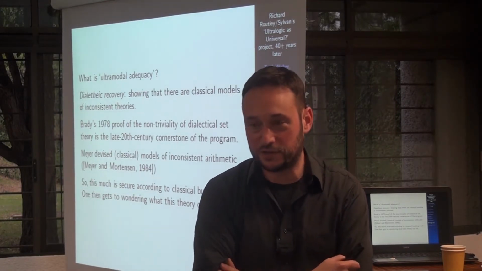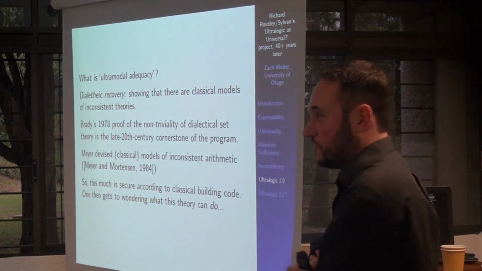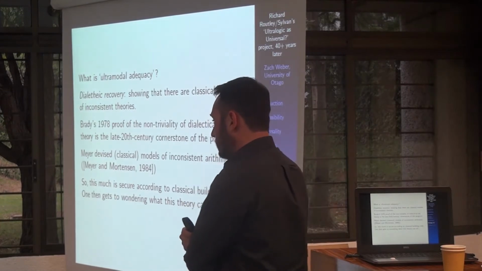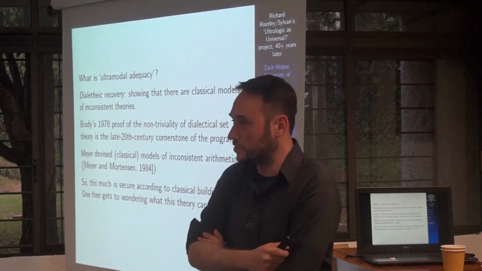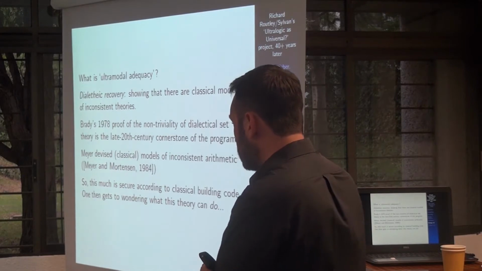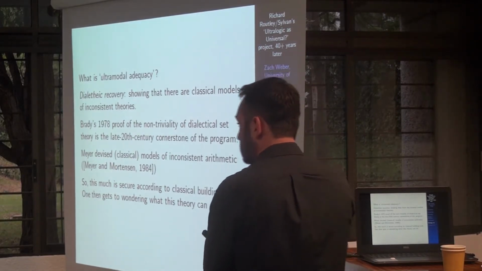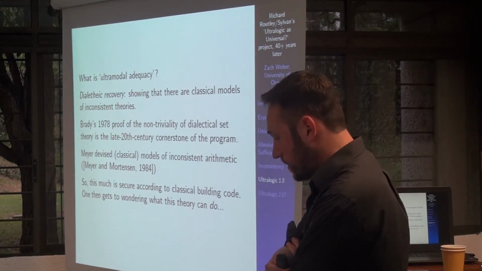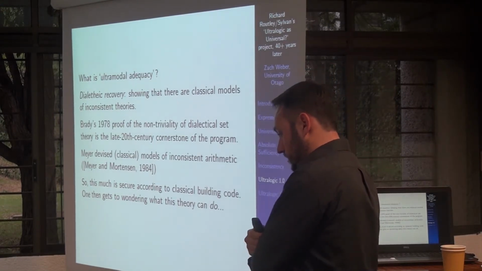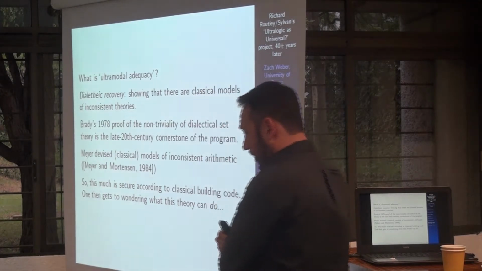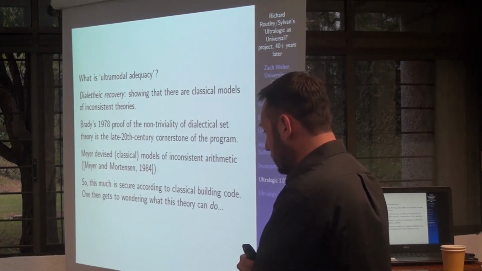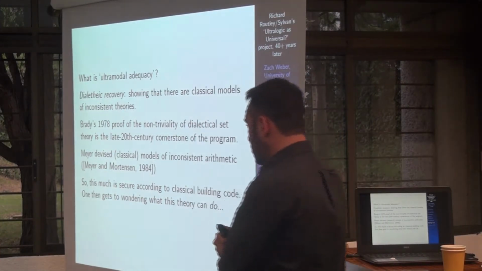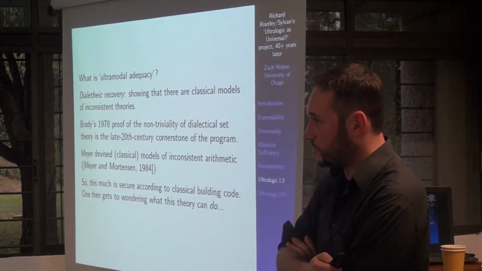This is a fully classical mathematical project where you just do classical model theory, like proving Euclidean models of non-Euclidean geometry, to show that these inconsistent theories are inconsistent but non-trivial. This is important work. Brady's 1978 proof that naive set theory is probably non-trivial is really important. So that much has been shown to be up to classical building code.